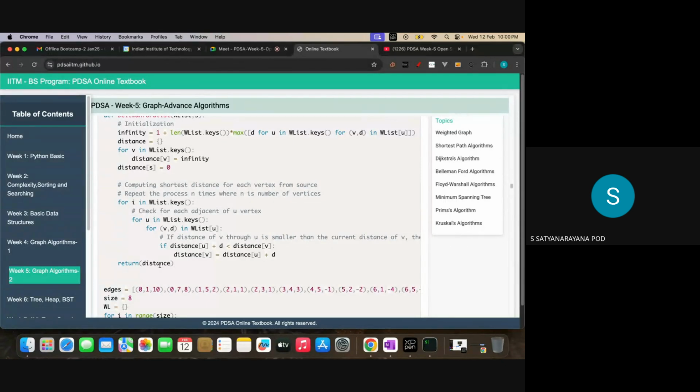So hope you understand. Don't think it is a complex one, but please refer to the recorded video. I will try to put it on YouTube streaming tomorrow. Just recap how the edge relaxation is going on, then see how the code is working. Hope it's okay. Shall we go for the next one?